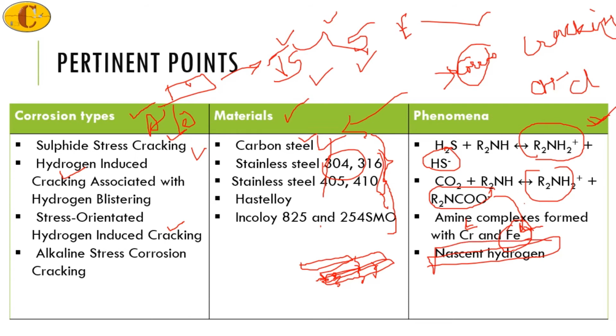So nascent hydrogen would penetrate the steels and either consolidate at the grain boundaries, or react with the inclusions. So this is something that I talked a little bit about in my hydrogen embrittlement video. Please do check it out in the series. So the cracking that occurs due to nascent hydrogen is going to be similar.